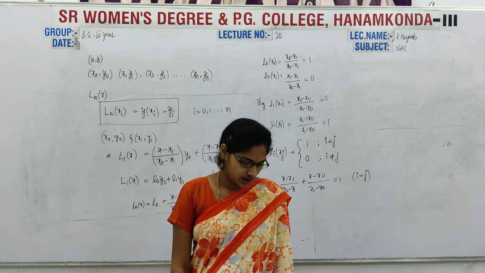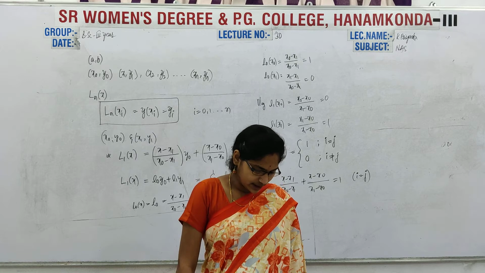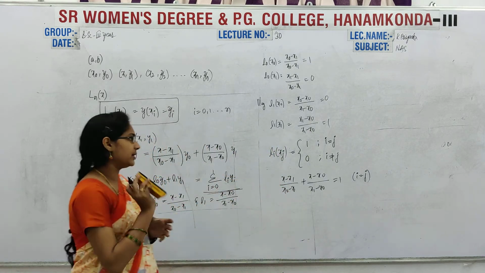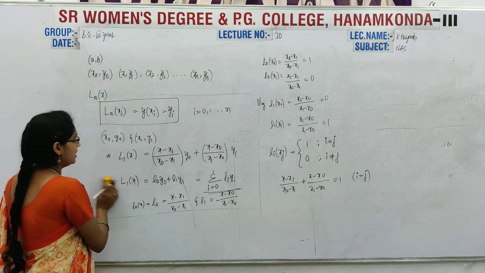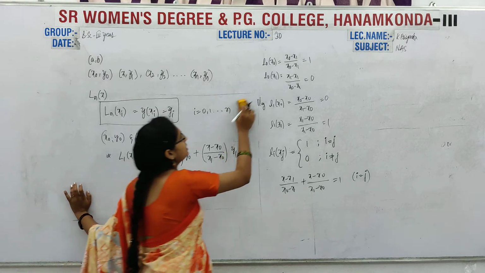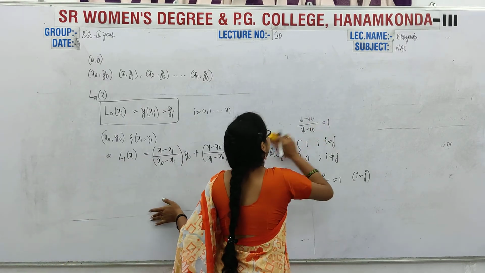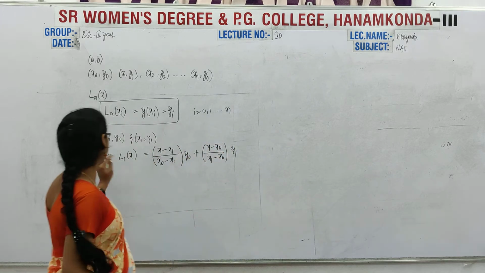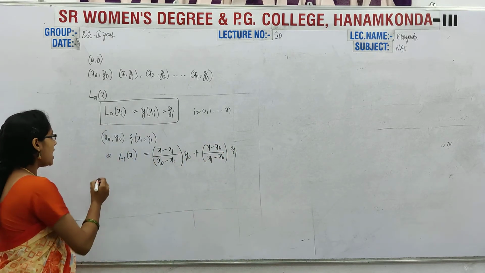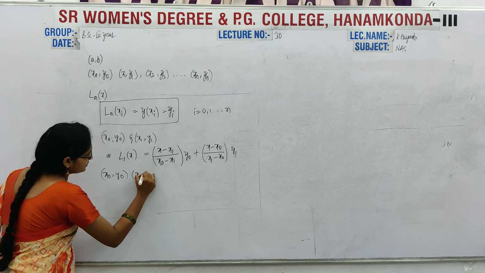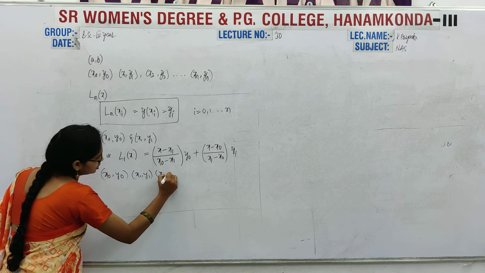The condition applies. Okay. Similarly, L2 of x. Now for L1 we had to take 2 points, and for L2 we take x0 y0, x1 y1, x2 y2.